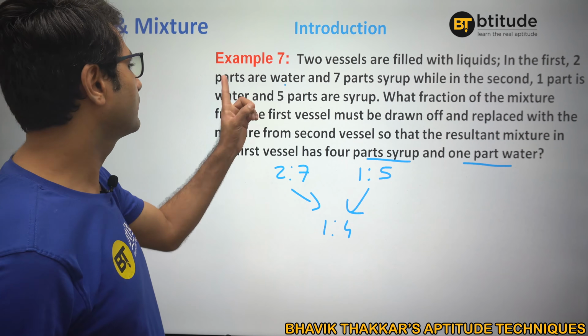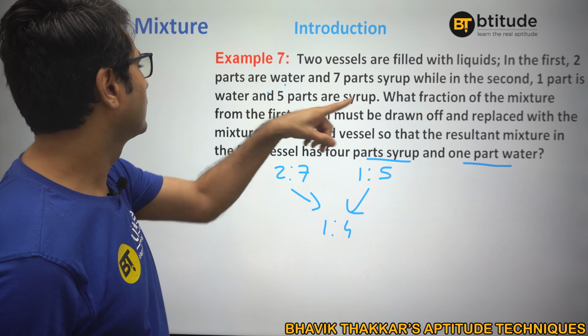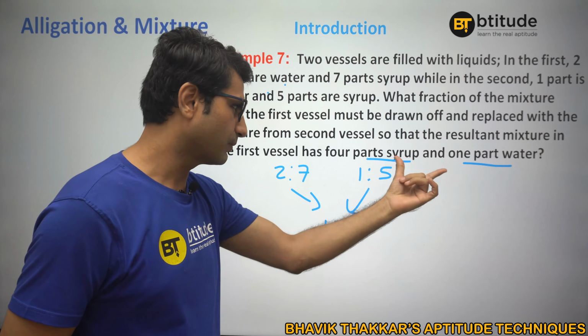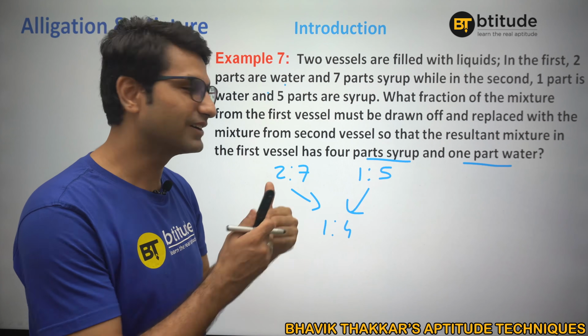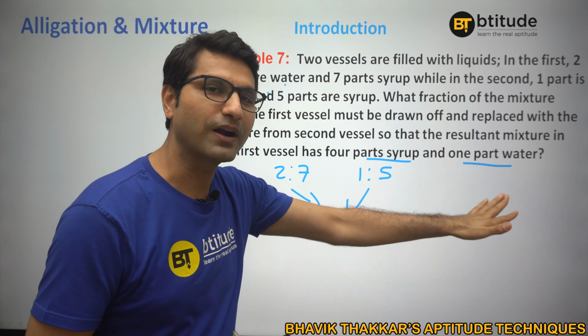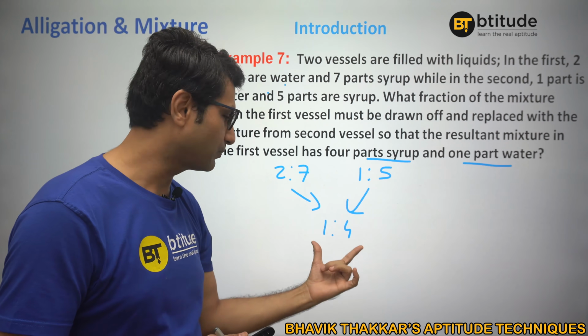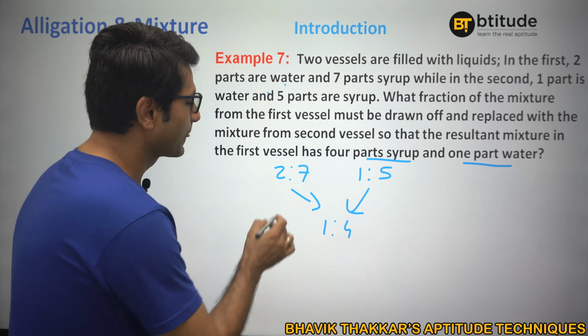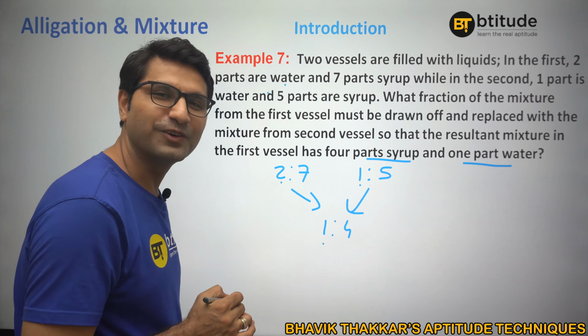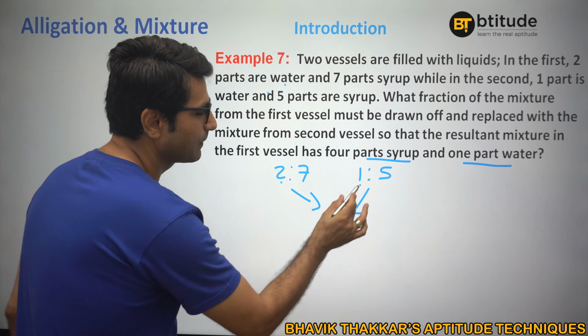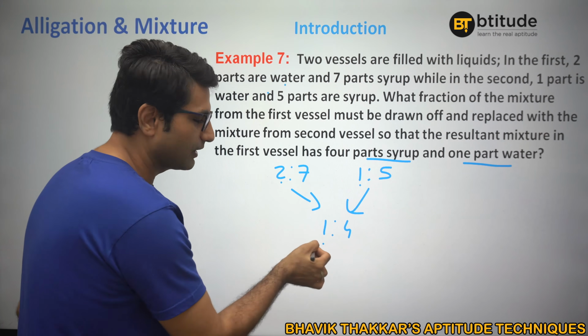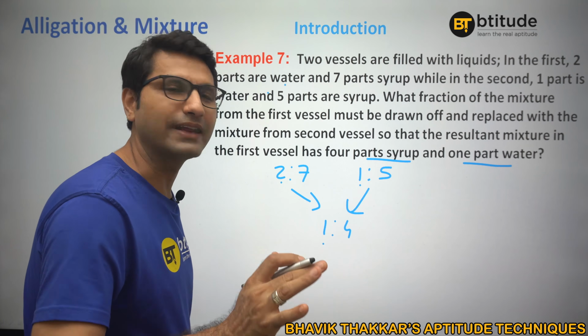So try to understand, water and syrup, we have to put water and syrup, right? Because they are actually given the other way. 4 parts are syrup and 1 part is water. That means 1 part is water and 4 parts are syrup. So now we'll represent all of them by water. What is the total? 9, 2 into 10 is 20, and 5 into 18 is 90. Let us make 90.